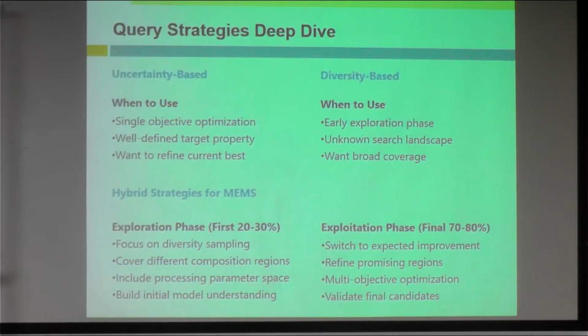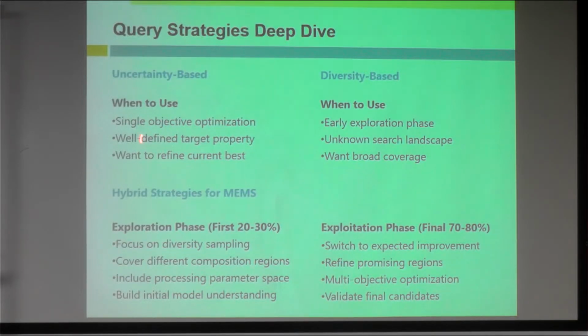And the query strategies for active learning. So uncertainty based: when to use it? For example, with a single objective optimization, you define a target property and want to refine the current best. Meaning to say, we are uncertain of certain properties, then we need to refine them.